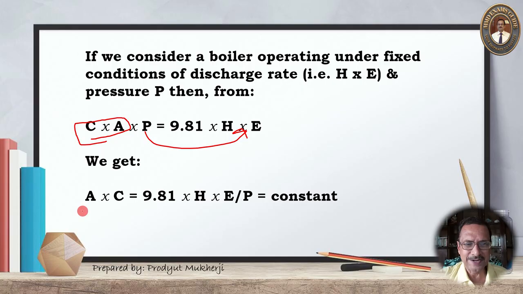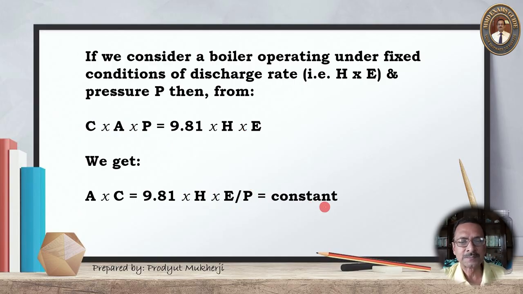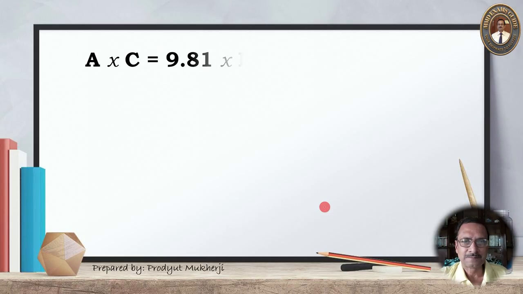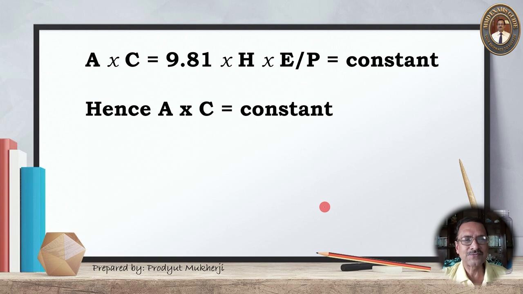So we get A into C is 9.81 into the heating surface area into evaporative rate divided by the lifting pressure of the safety valve. That would be constant. So the area of the safety valve into the discharge coefficient is a constant.